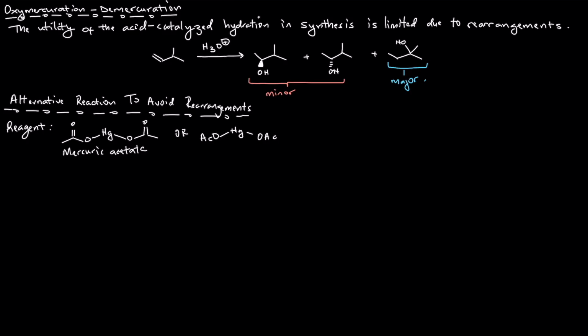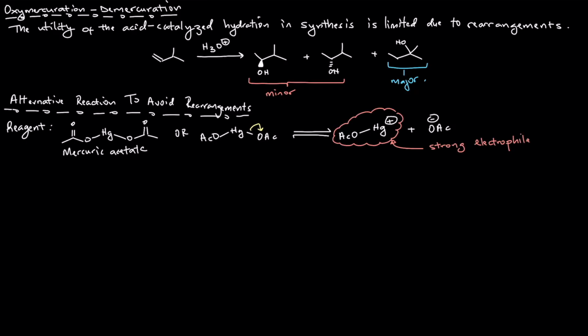Mercuric acetate is a salt, and one of those anions can easily dissociate from the salt to form this cationic mercury ion as well as your acetate anion. Importantly, that mercury cation that is formed upon dissociation is a really strong and powerful electrophile and is routinely used in organic chemistry.